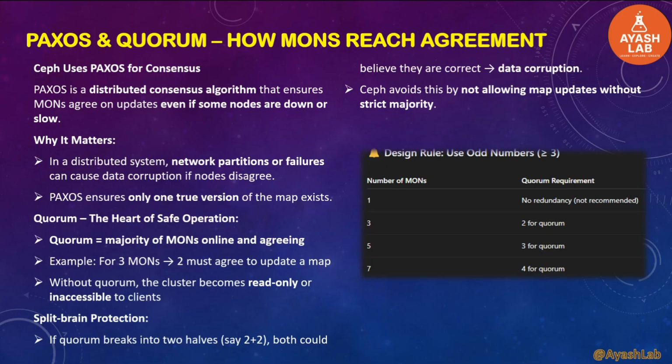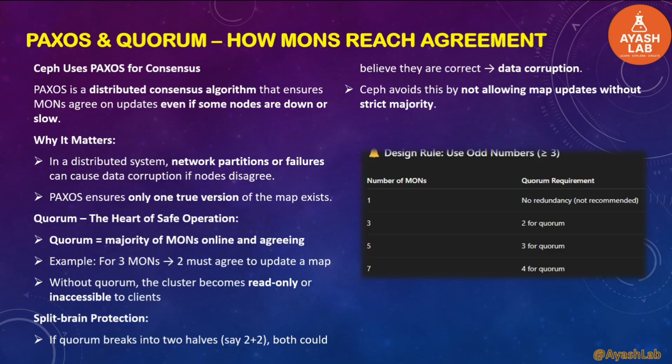So without quorum, Ceph can't safely continue. Quorum is required to safely proceed further. So the system goes into read-only mode to avoid data corruption.